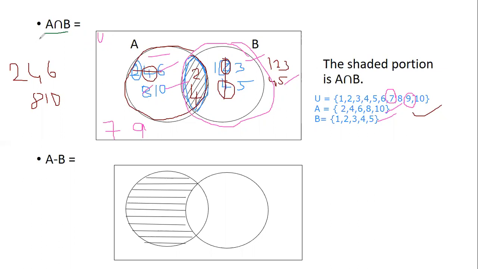Okay. Now here, the thing that you're supposed to understand is that the common elements that we find in A intersection B are supposed to be written in the center, where the two circles overlap. So that is your A intersection B concept. Did you all understand?